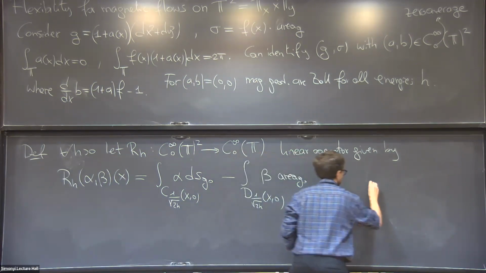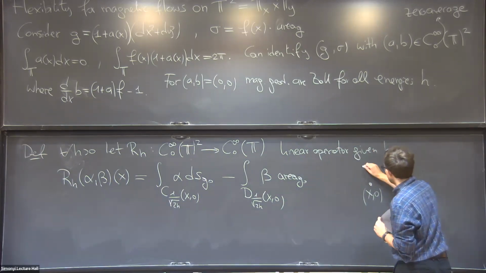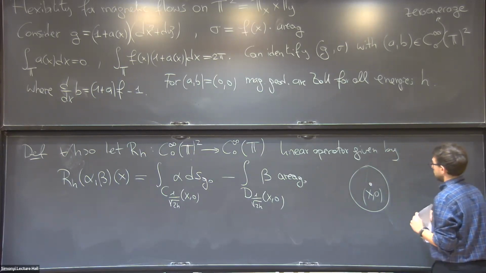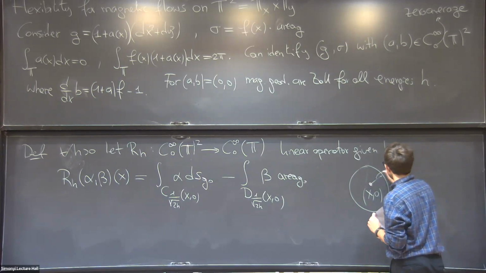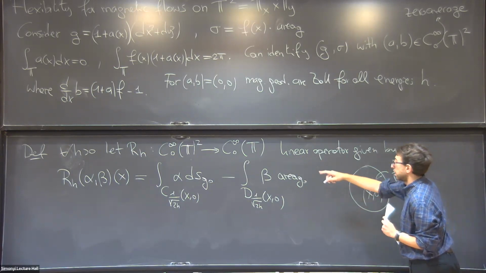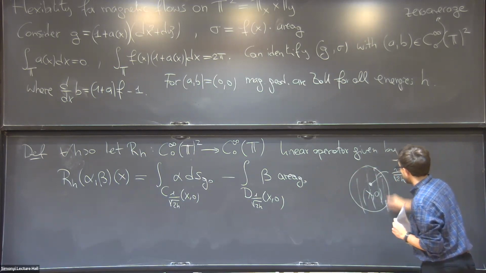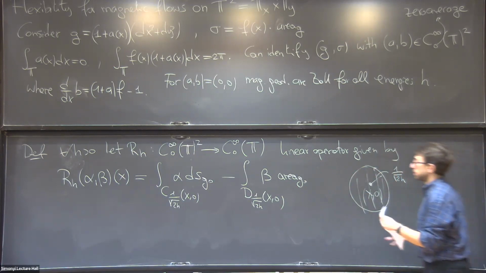Okay, so imagine your torus, you take a point of coordinate x0, you take this circle of radius 1 over square root of 2H, and then you are integrating the first term over the boundary and then the second over the interior.